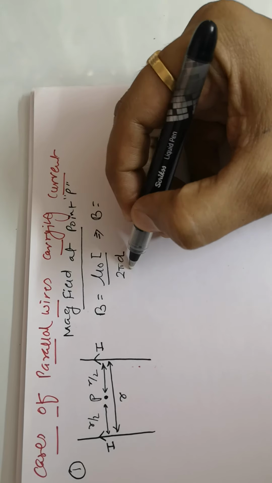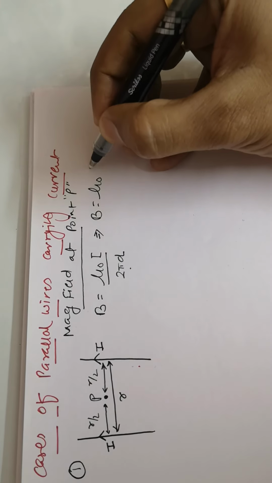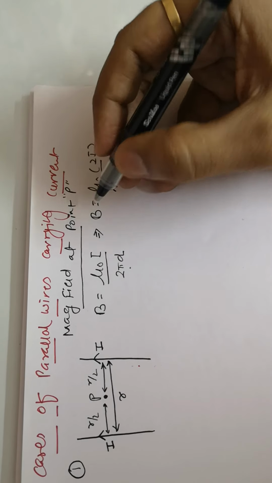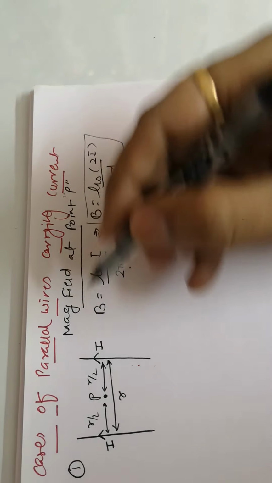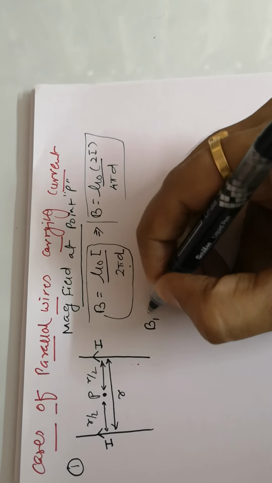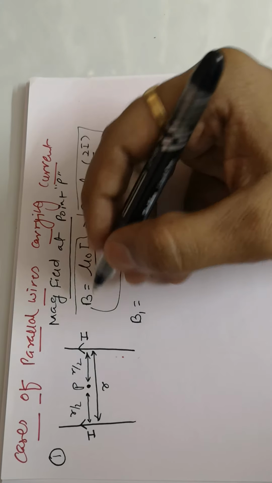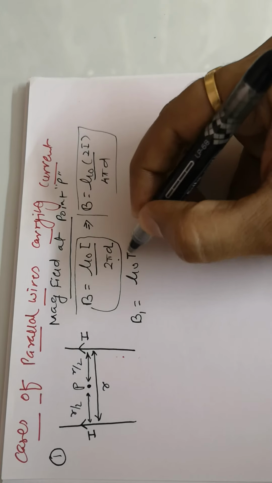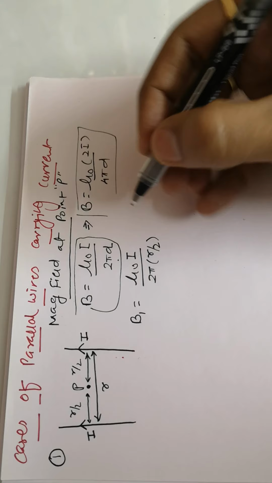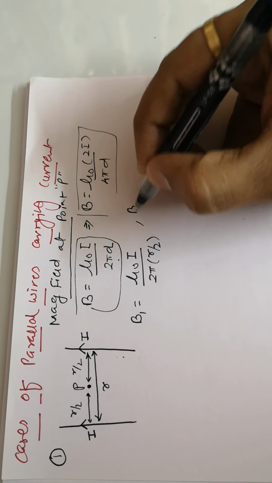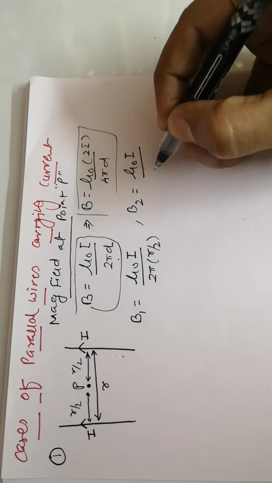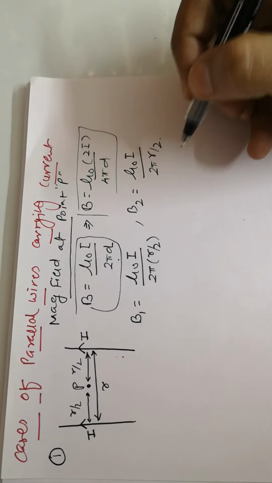If you prefer 4 pi, the value is multiplied by 2 over 4 pi d. Whichever formula is convenient, you can utilize it. First, I find the magnetic field for the first wire: B1 equals mu 0 I divided by 2 pi, where the perpendicular distance is R by 2. The same is true for B2, which is mu 0 I divided by 2 pi times R by 2.